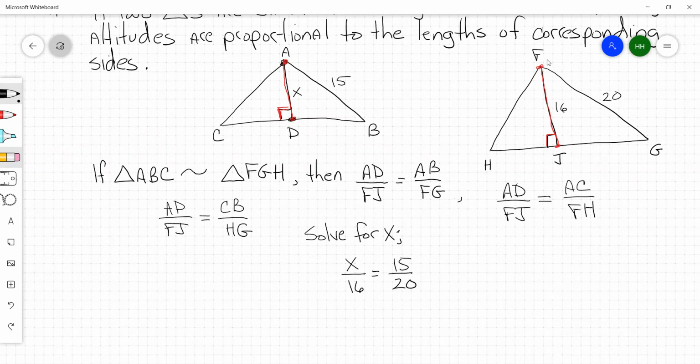And when you're solving a proportion, you crisscross multiply. All right, you crisscross multiply. So we take 20 times X. We get 20X equal to 16 times 15, 240. If we divide both sides by 20, then our X is equal to 12.